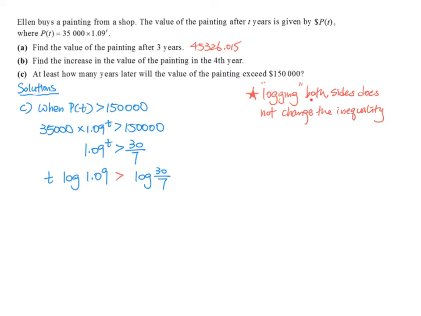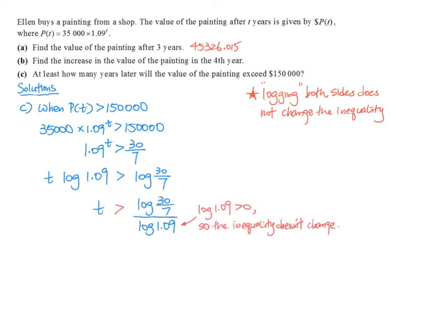We're not going to talk about the details, but remember, logging both sides does not change the direction of the inequality. Then I move this number to here, right? Now, if I'm moving a negative number, this one will have to change. But log of 1.09 is actually a positive number.